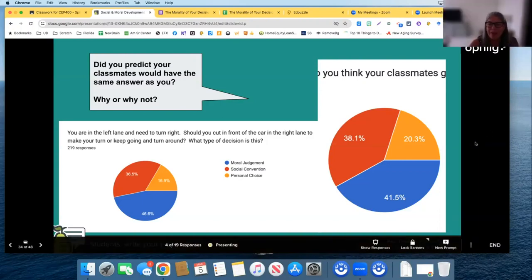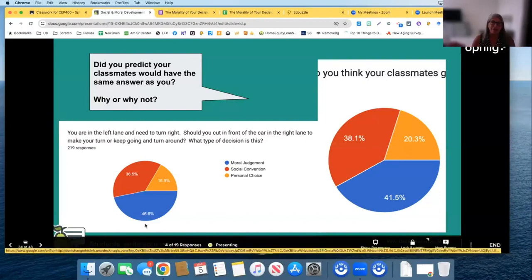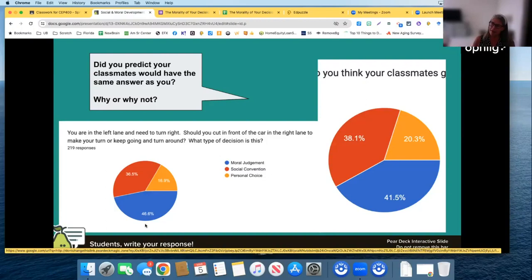Yeah. Well, and think about this. How's the other person going to feel if you cut them off? When you're thinking about others and their feelings, that's when morality comes into this. I could cut someone off because I need to get over there and it doesn't matter. I don't care about this person next to me.